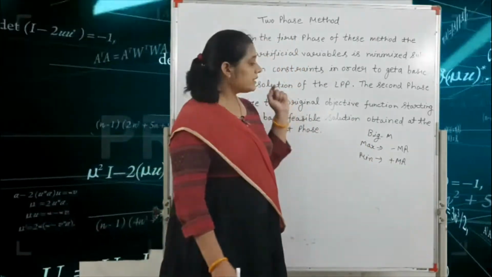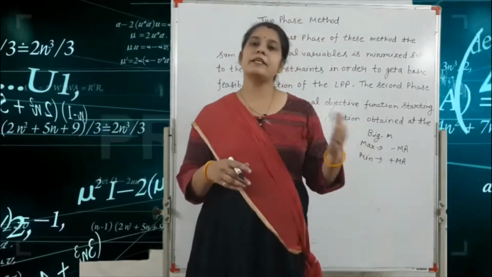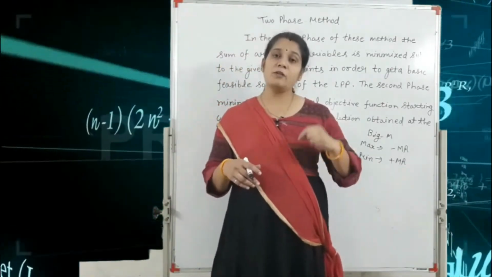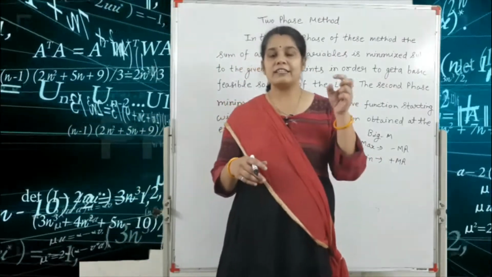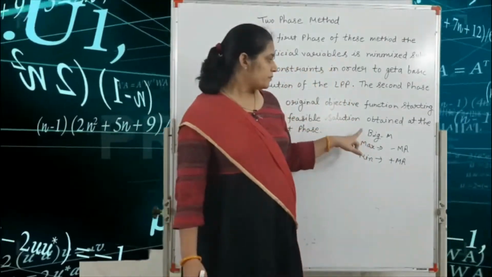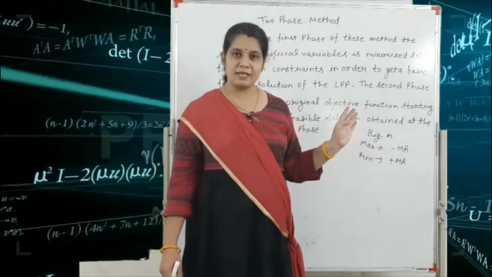Got it? In the two-phase method, a question can be given in maximization and minimization both forms, but we can always solve in the maximization form. So this is a little bit of the difference between BigM and the two-phase method. If a question is given in maximization, we solve by the maximization process.